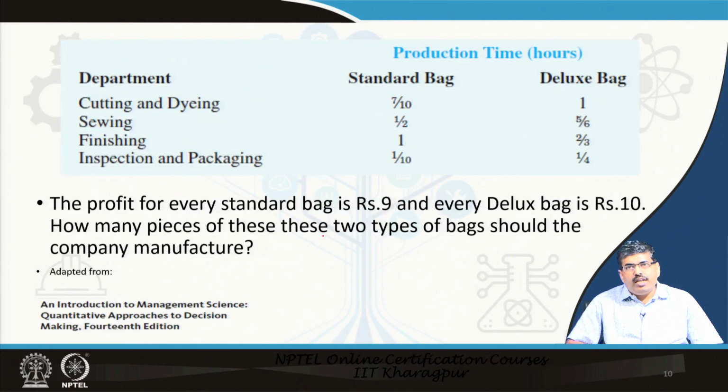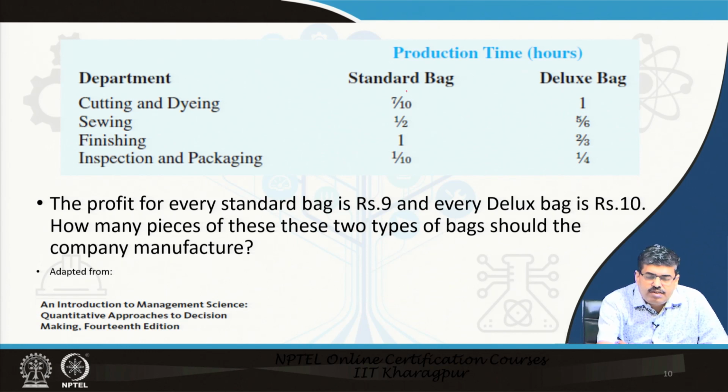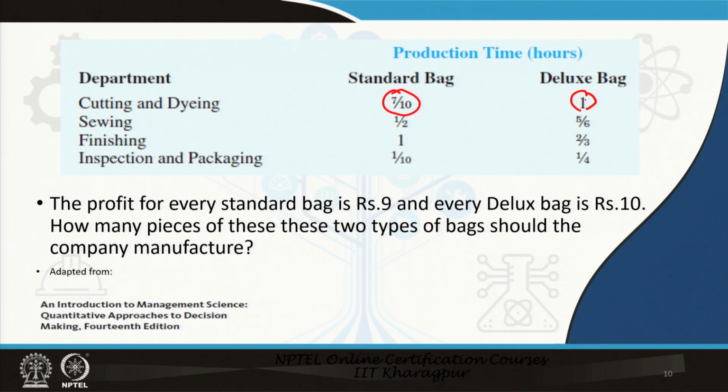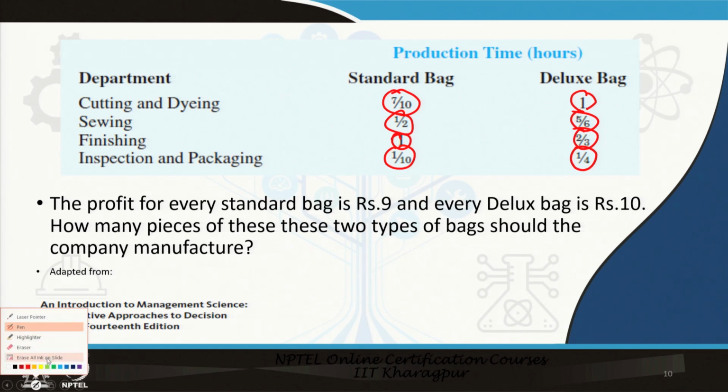Cutting and dyeing takes about 7/10 of an hour for the standard bag, and the deluxe bag takes 1 hour. Sieving takes half an hour, the deluxe bag takes 5/6 hour. Finishing takes 1 hour, 2/3 hour, and 1/10 hour. So normally the deluxe bag takes a bit more time.